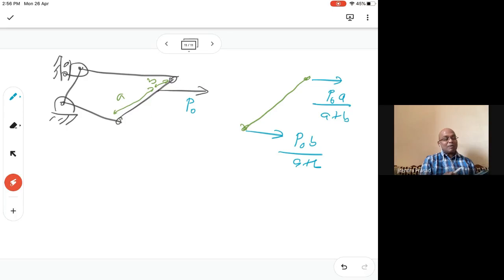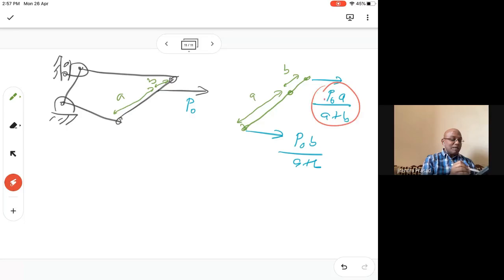So that the moment will be the same. Finally, this is about the moment, right? The original force was here, from here to here is A, from here to here is B. Moment-wise, the moment because of this will be P0 B times A over A plus B, multiplied by some angle. Here also it will be P0 A over A plus B multiplied by B. So both terms you will see exactly the same.